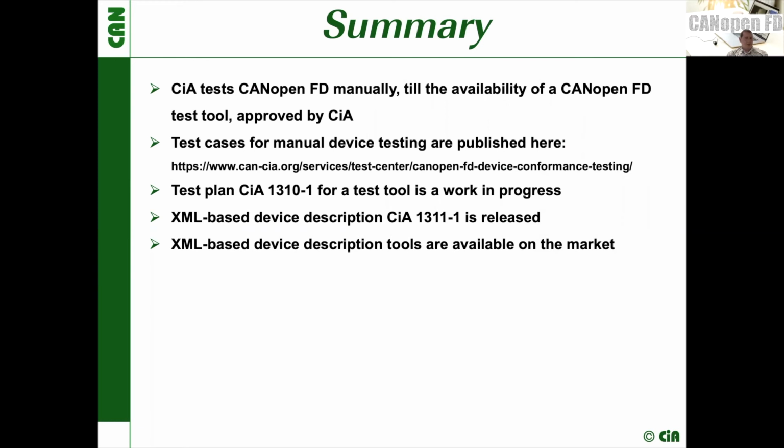Test cases for manual device testing are published under this URL. We will make the slides available, and you can read it much better, so there's no need for the moment to type it down. Furthermore, the test plan CiA 1310-1 for a test tool is work in progress, and we have the XML-based device description released, which will also be covered by the test plan.